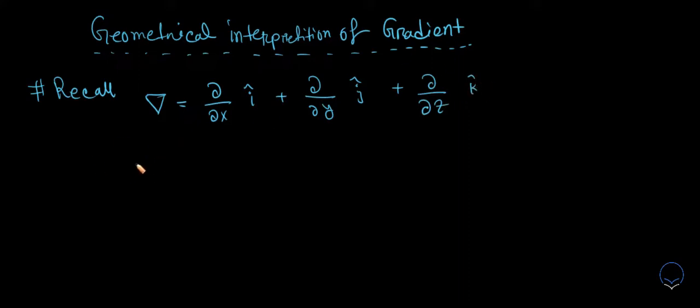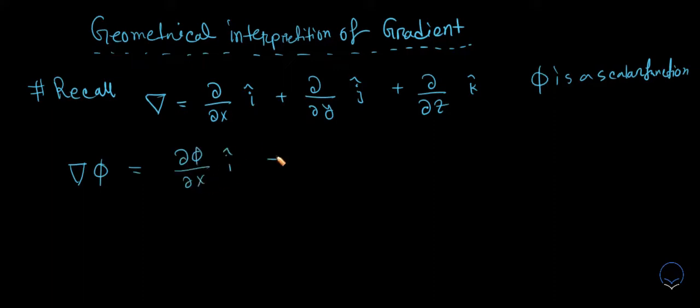And if you have a scalar function, let's say phi, a scalar field, the gradient of phi would then look like this. You have to keep in the back of your head that this phi can be a function of x, y and z. So this was the gradient operation, right?